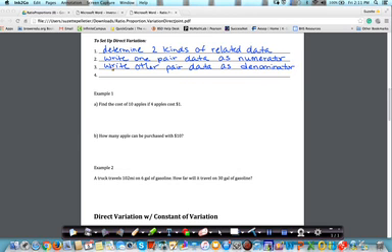Okay, and then we are going to solve. And remember, you solve a proportion by cross multiplying.